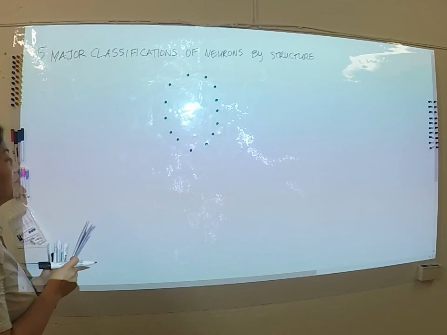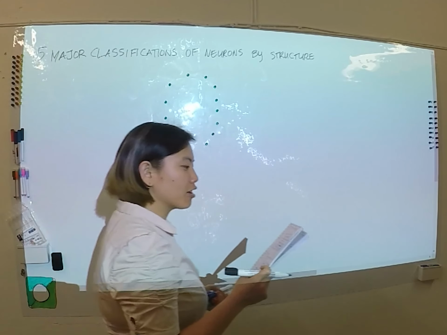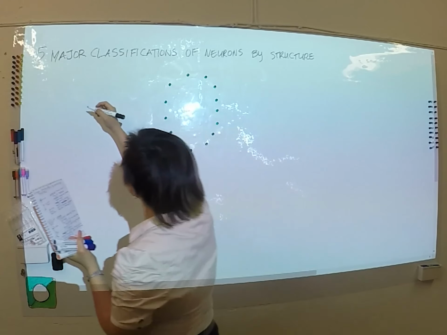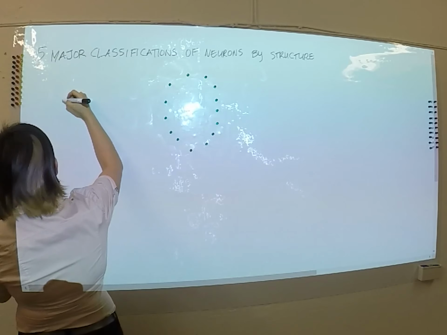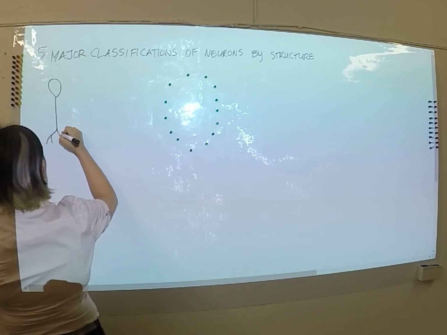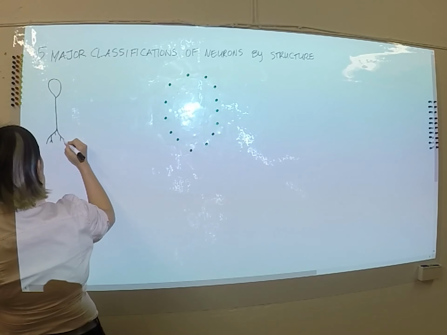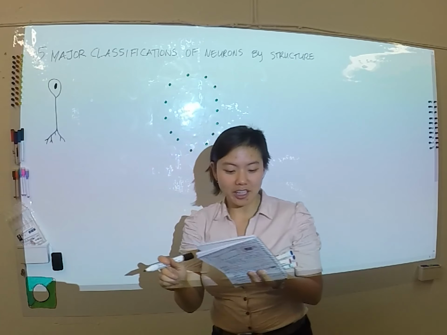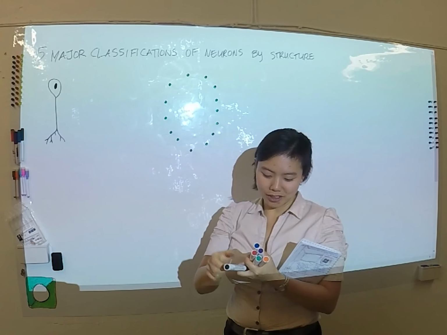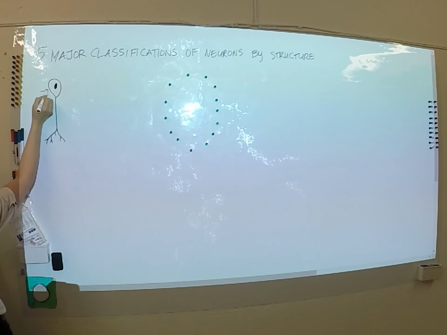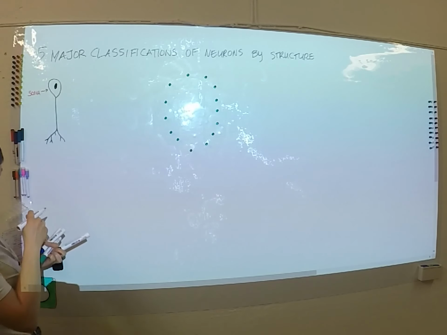Okay, so the first one we're going to talk about is called unipolar. They look very cute. Here we go. So here we've got the neuron, and it's got some bits. And this is the nucleus, which means if that is the nucleus, then this is the soma, okay?